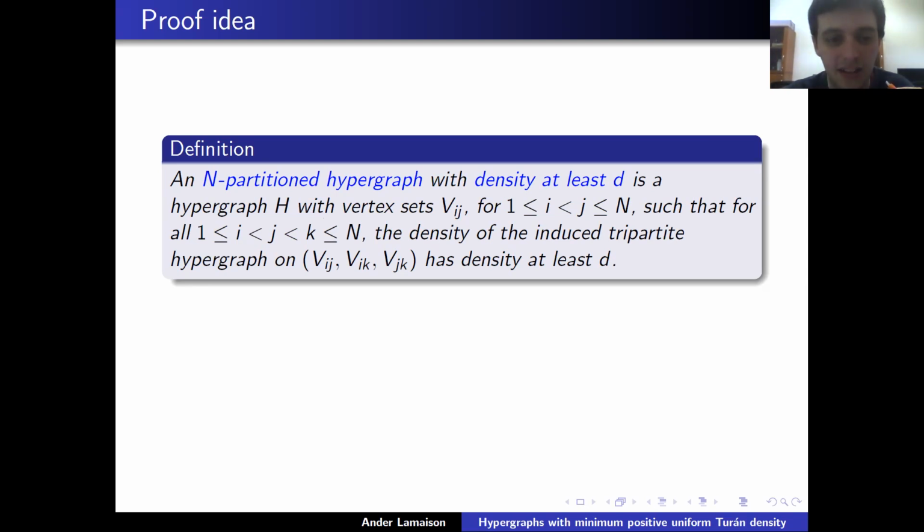So when I say an n-partitioned hypergraph, this is going to be a hypergraph whose vertex set is partitioned, but not into n parts, but into n choose 2 parts, each of which will contain 2 different indices. And then we are going to say that it has density at least D if for every triple of indices, the induced tripartite hypergraph on Vij, Vik, and Vjk has density at least D. So you are only required to see edges precisely on the triples whose subindices match 2 by 2.